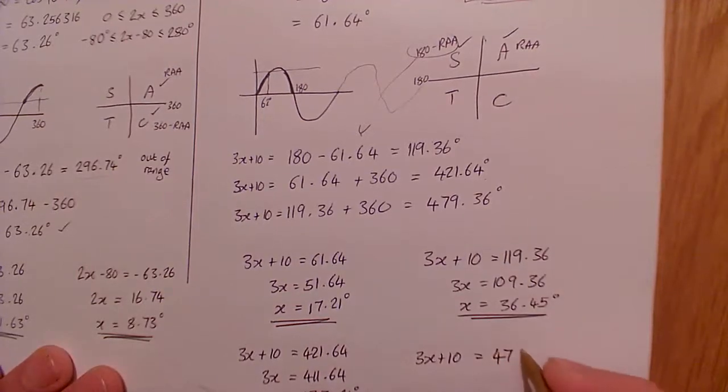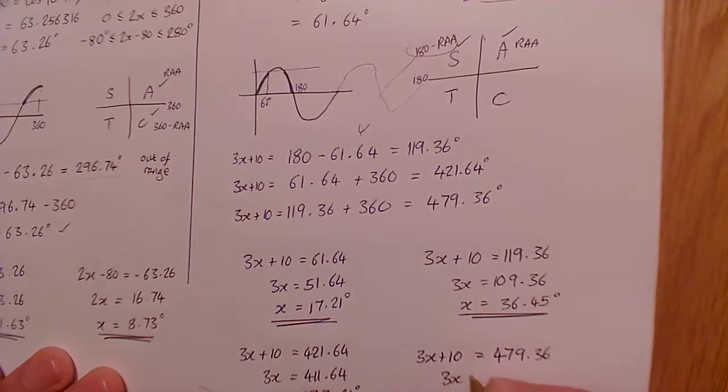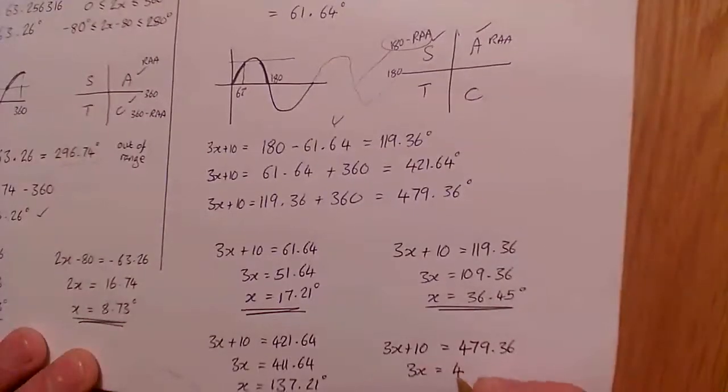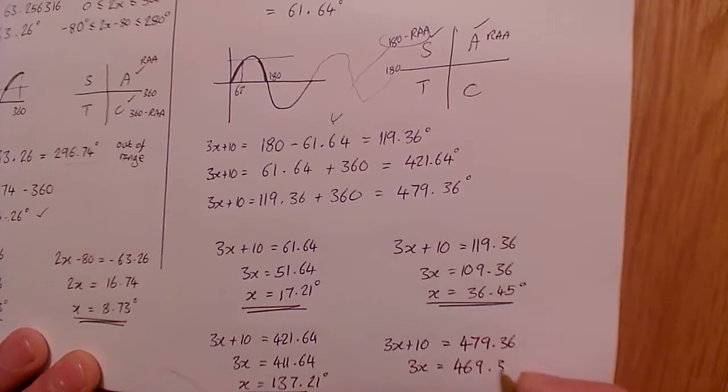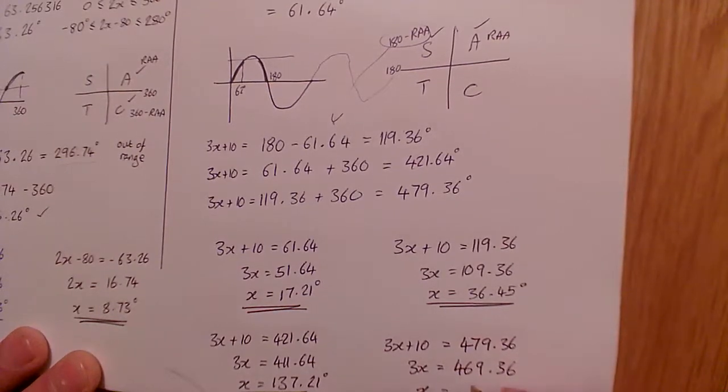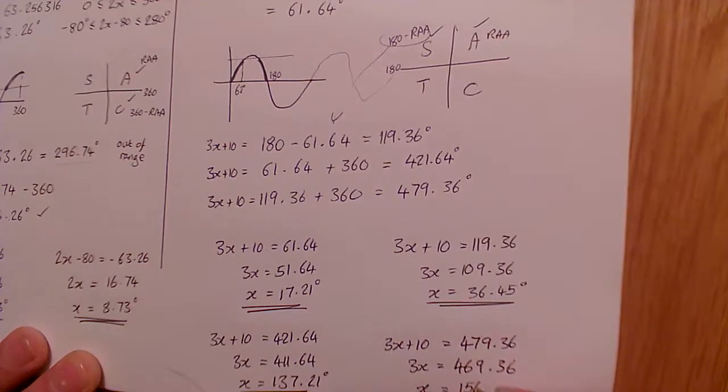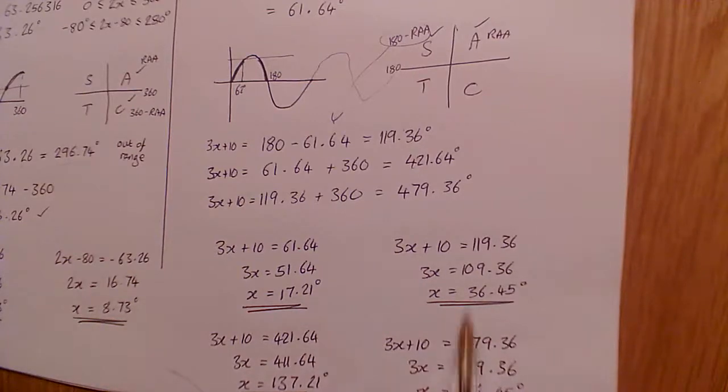It's a bit repetitive. But you probably don't mind that, having worked through a difficult process, to have something at the end which is just quite routine that you're doing 4 times over. That gets us 156.45 degrees. And that is our 4 answers that we have found to that question.